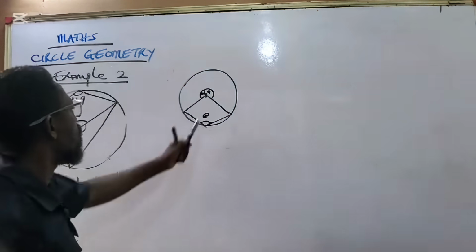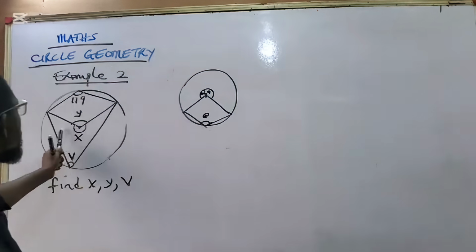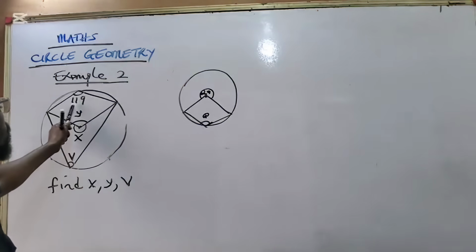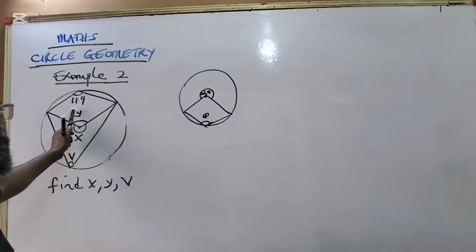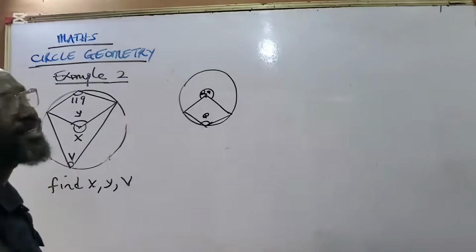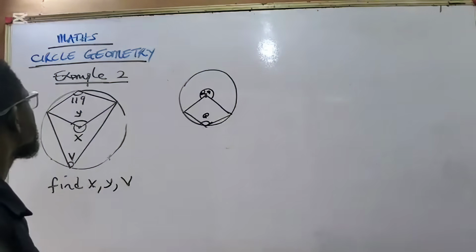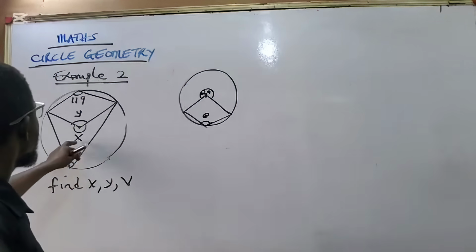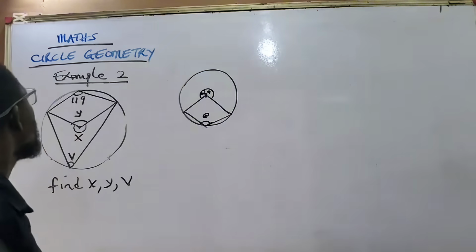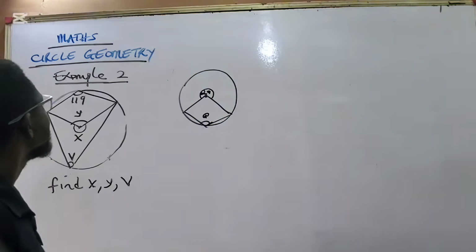So if we compare this one now with this one, you will see that this x here and this 119, that is angle at center twice circumference. So for this one, the value of x can be obtained by multiplying 119 by 2.